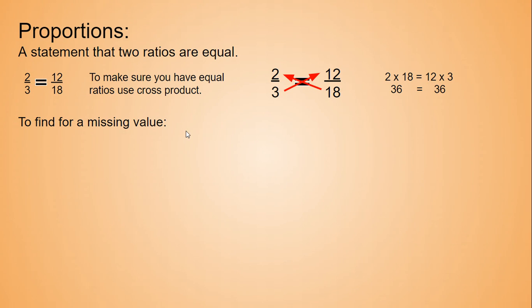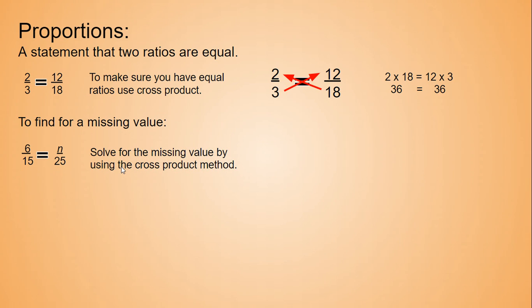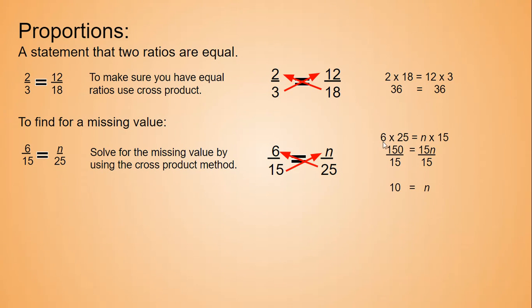To find a missing value in a proportion, we have a setup of 6 over 15 equals n over 25. We still want to use the cross product method. The 25 is getting multiplied by the 6, and the 15 is going to multiply by the n.